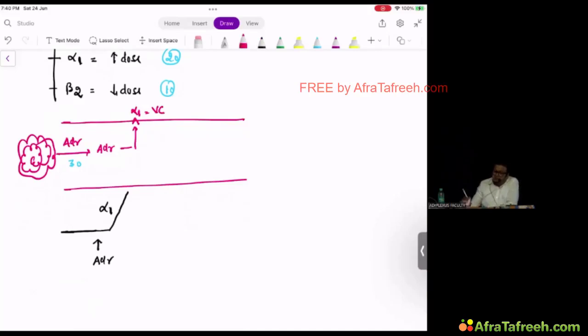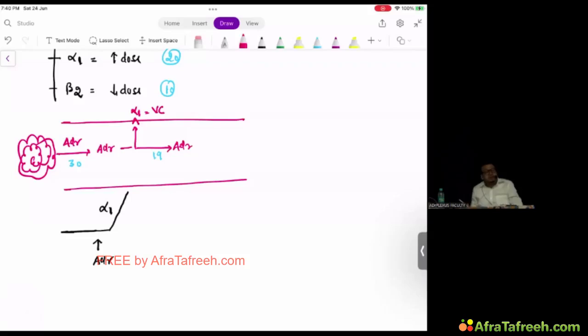Then the body after some time will metabolize adrenaline. There comes a situation where only 19 adrenaline molecules are left in blood. The rest are metabolized and excreted. How many are left now? Less than 20. Only 19. The concentration has fallen. But at a concentration of 19, which action will come? For alpha 1 action, how many molecules are needed? 20.